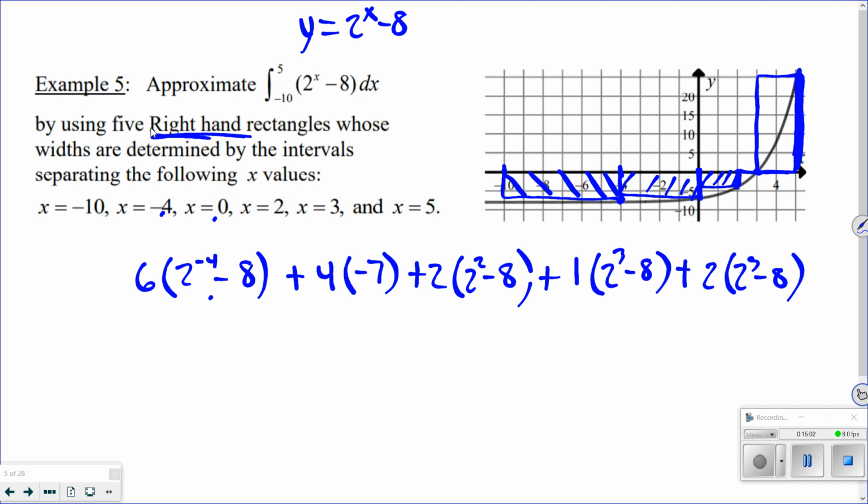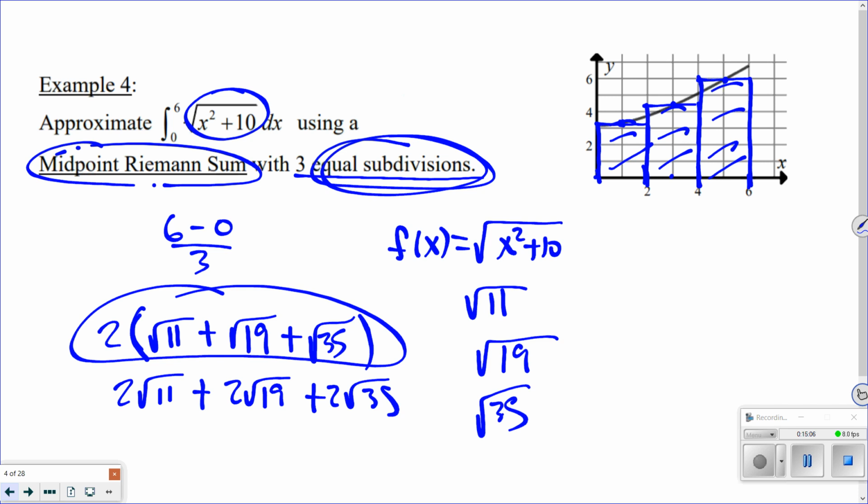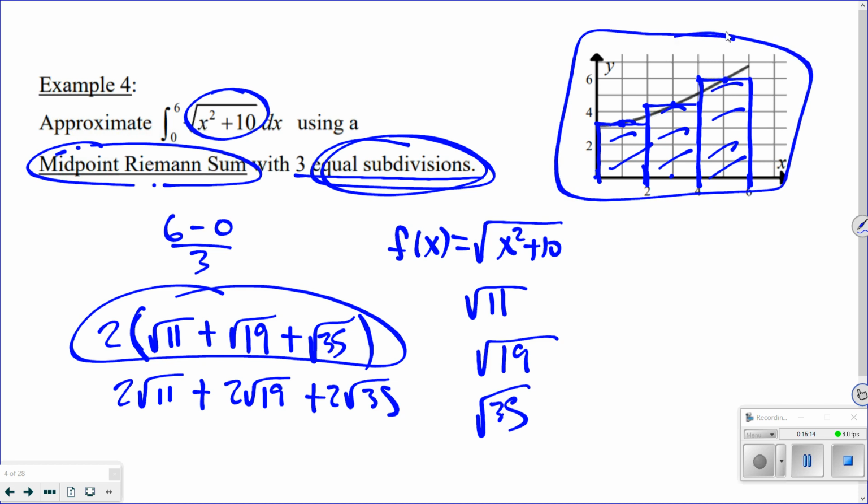One thing to think about as we go through here, if you look at that last example, just look at the picture over here. Just stop and think about this on your own for a second. Do you think that'd give me an overestimate or an underestimate?